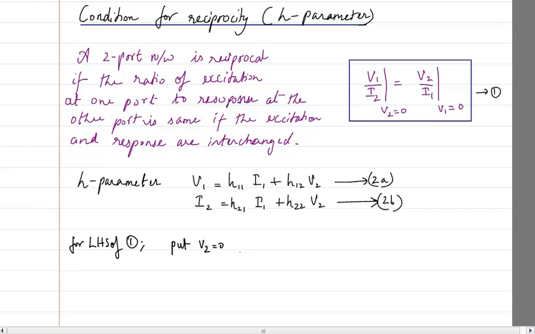So if I put V2 equal to 0, what will I get? I put it in equation number 2, that is 2a and 2b. I get V1 equal to H11 I1 plus 0, and I2 equal to H21 I1 plus 0. I want V1 divided by I2, and these two equations are already V1 and I2.